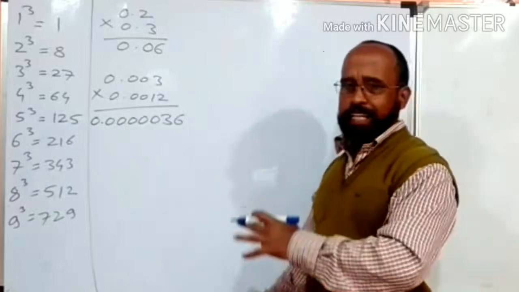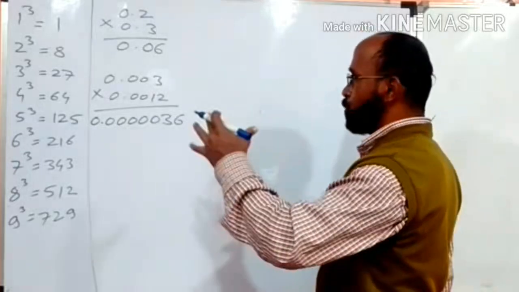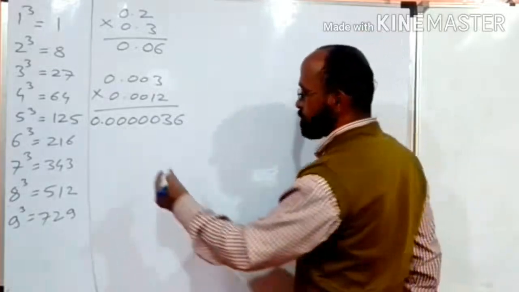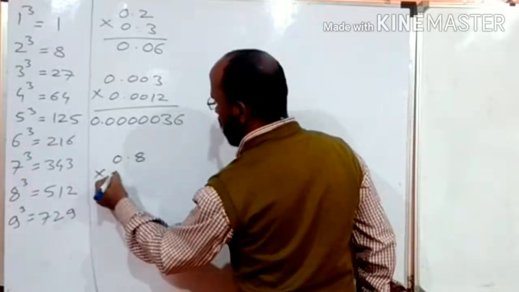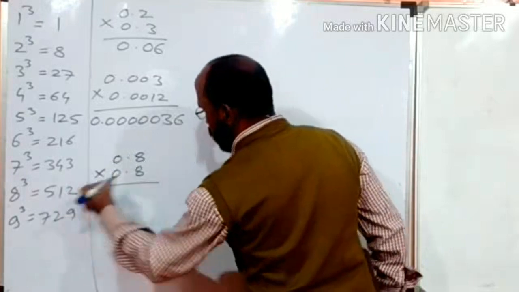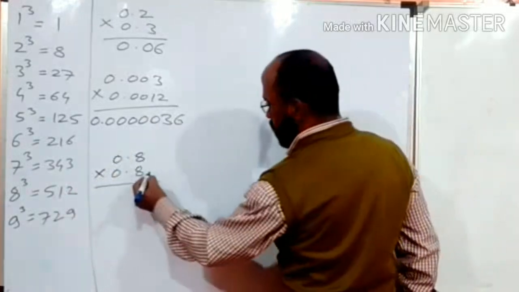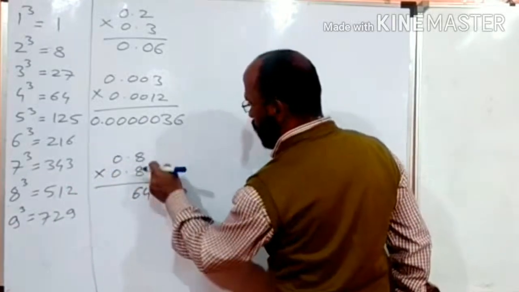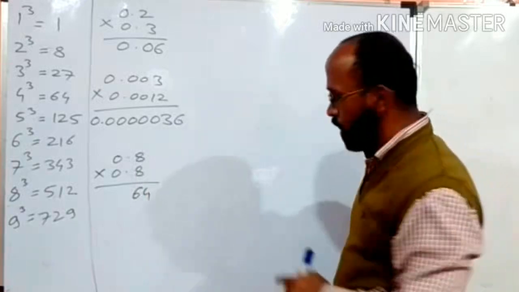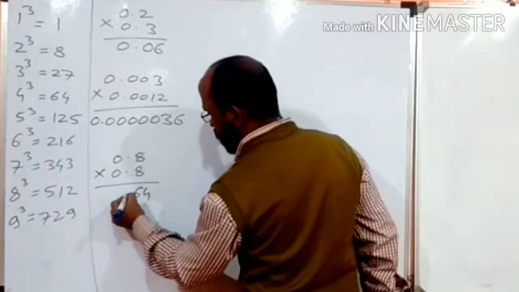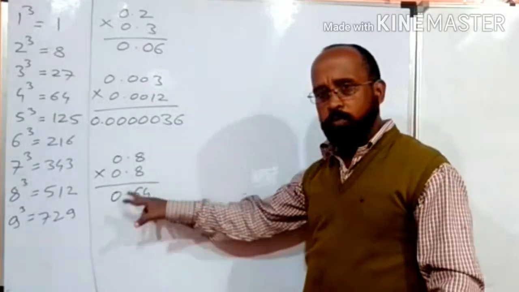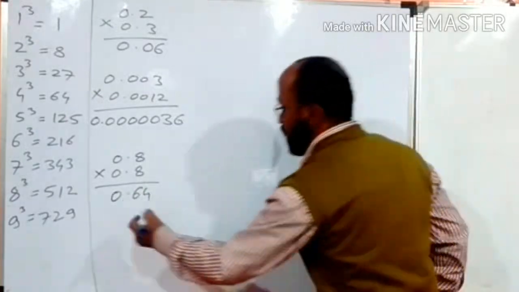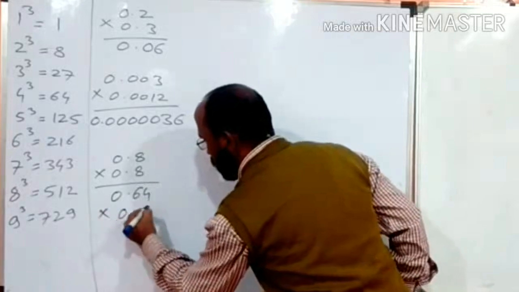Okay friends, till now let us see, suppose you have to find out the answer 0.8 multiplied by 0.8. So what will be your answer? Your answer will be 8 8s are 64. 1 plus 1, 2 decimal digits are required. So that equals 0.64. And consider once again, if you have to multiply this 64 by 0.8, what will be your answer?